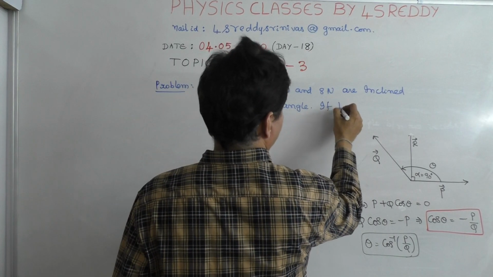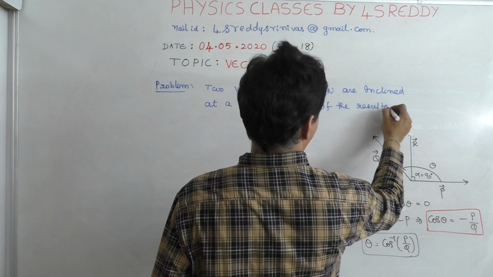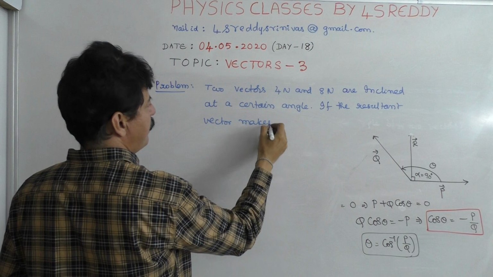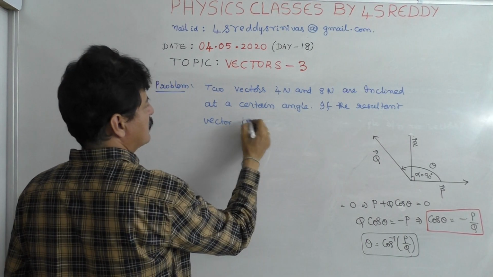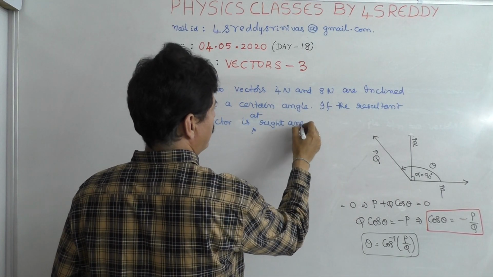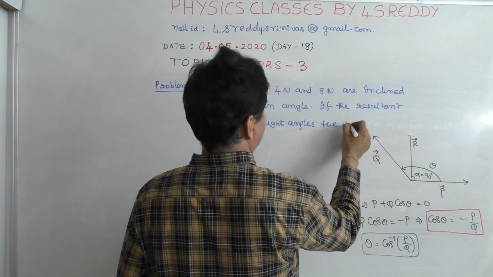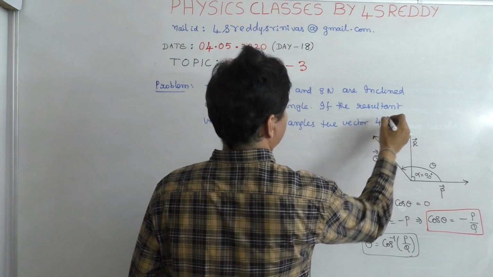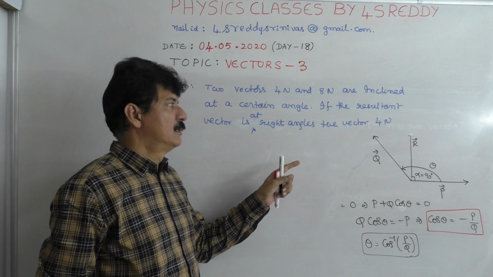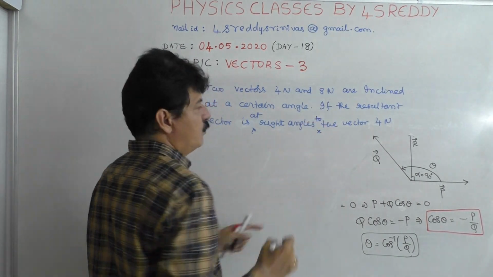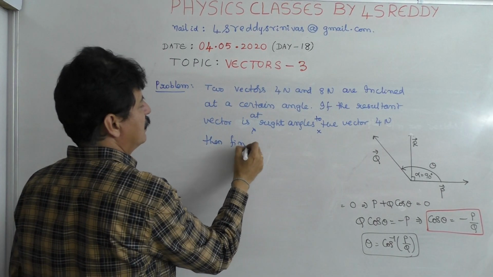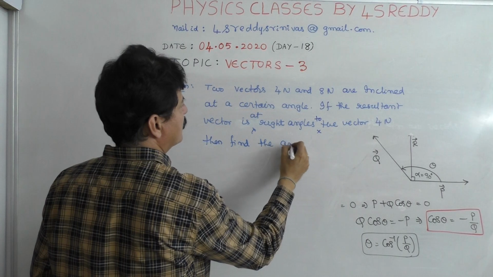If the resultant vector is at right angles to the vector 4 Newton, then find the angle between the two vectors.